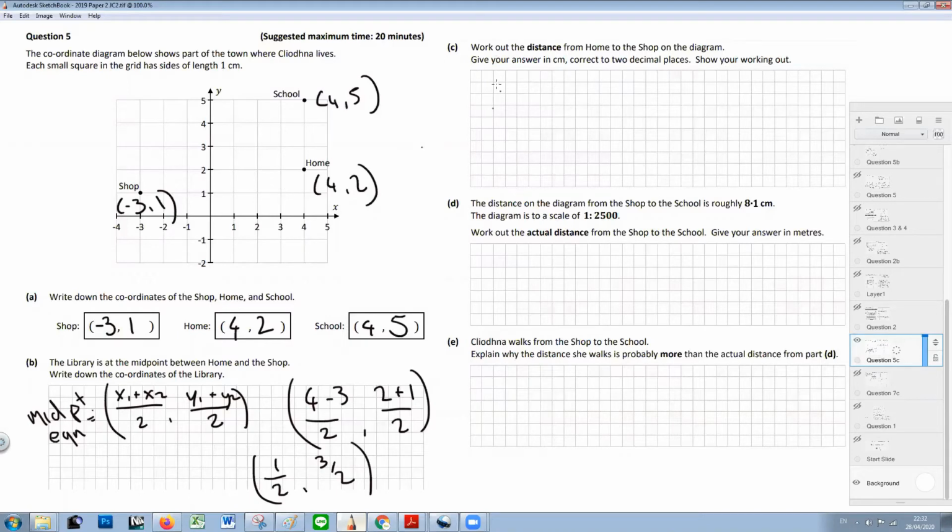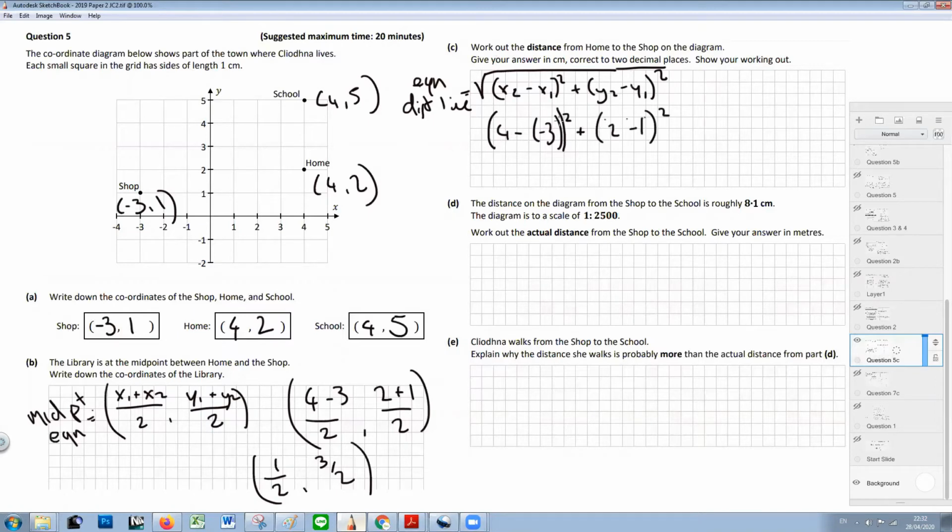So we're looking from the home to the shop. So it's going to be the equation for the distance of a line. The distance is going to be equal to the square root of x2 minus x1, all squared, plus y2 minus y1, all squared. So I'm just going to sub those values in very quick. So x2 minus x1 is 4 minus 3, to be squared, plus y2 minus y1 is 2 minus 1, squared, all under the square root.